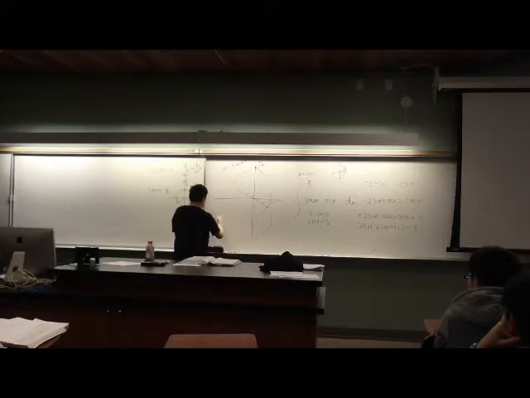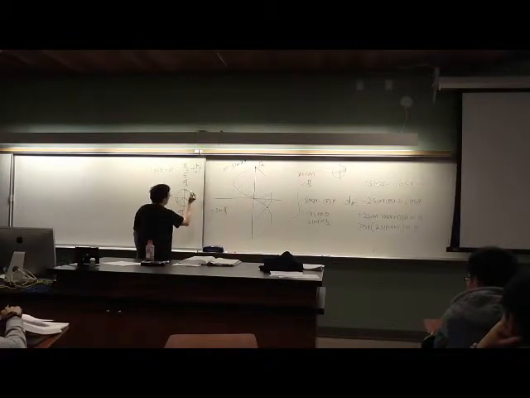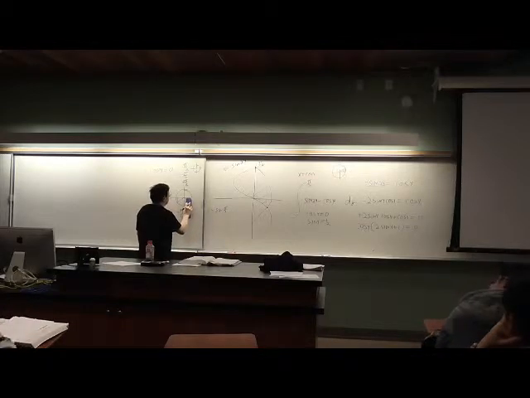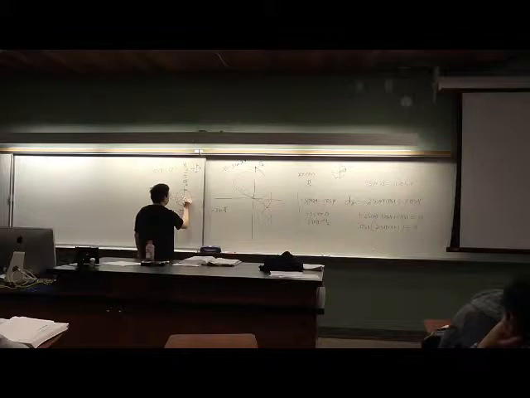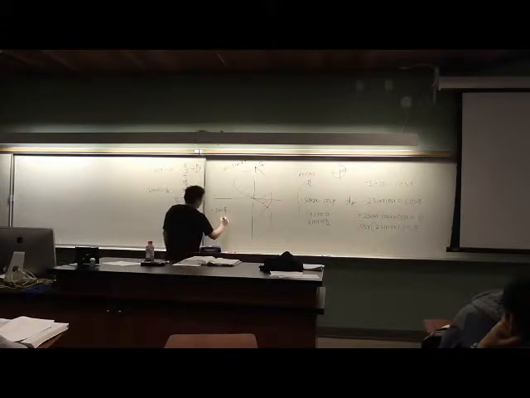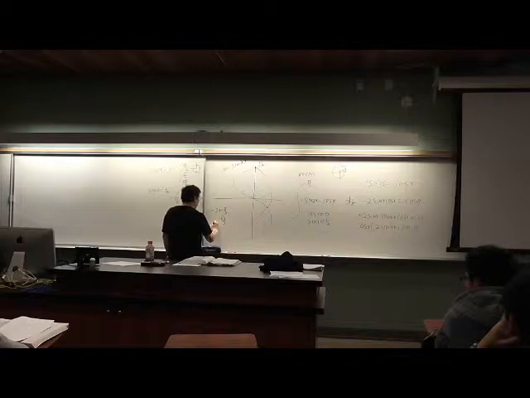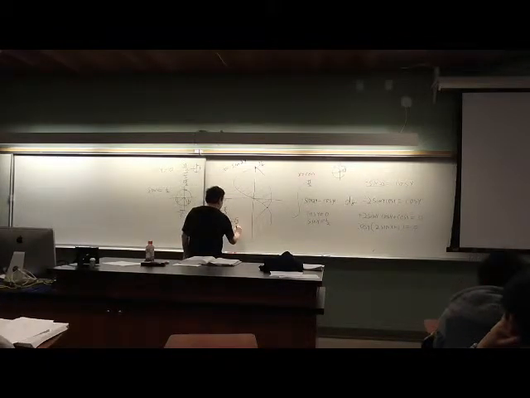What's the negative sine of negative pi over 3? Oh. Sine of negative pi over 3, that's negative square root of 3 over 2, times a negative, so it becomes a positive square root of 3 over 2.